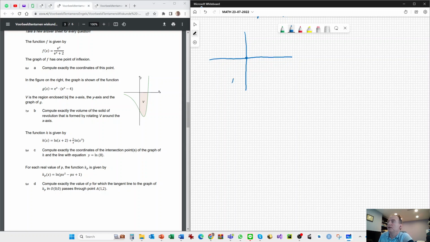Just the point of this question is, okay, let's say that the function looks something like this. Then in point 0 it has a tangent line here, and this tangent line has to go through the point 1, 2.